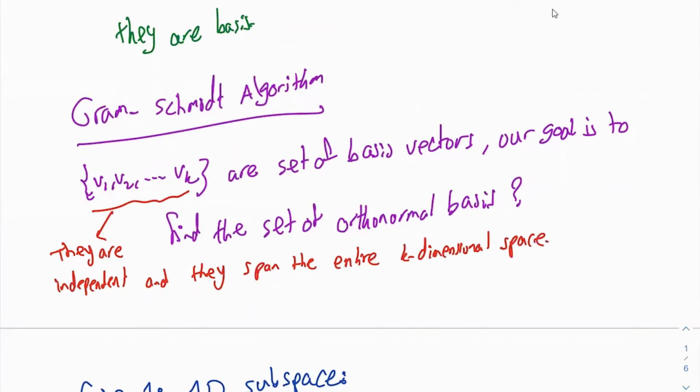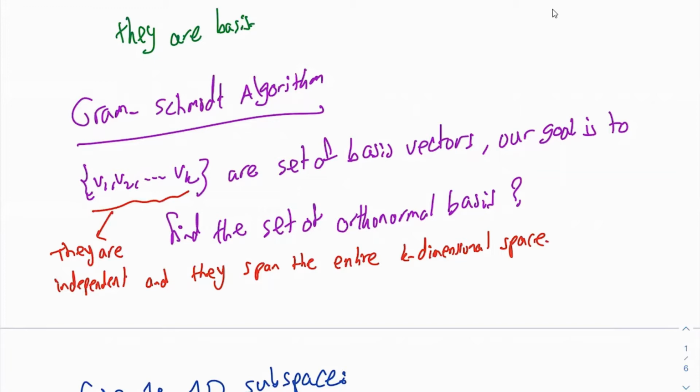Our goal is to find the orthonormal basis representation of this set of vectors. Gram-Schmidt actually is a very intuitive process.